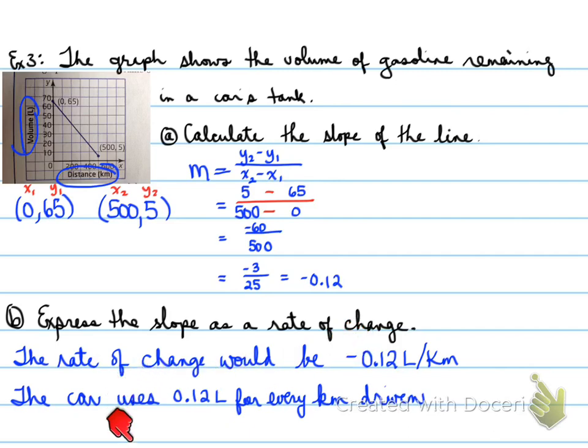Because the car is losing or using 0.12 liters for every kilometer driven. That's what this rate of change is representing. So you not only have to be able to calculate the rate of change, but you also have to be able to understand why you have certain values, and sometimes those values are negative.